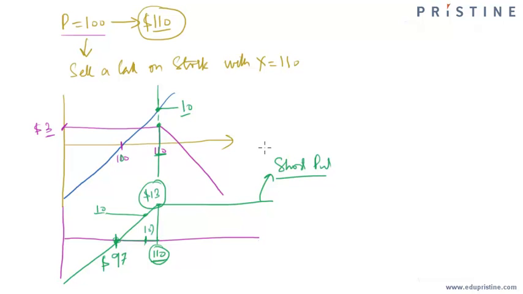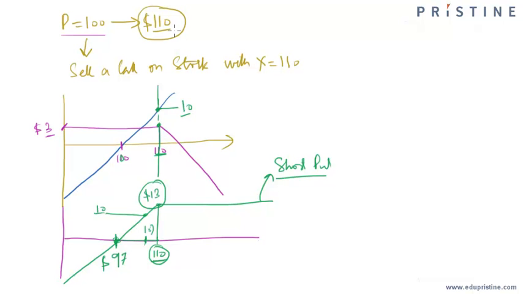So this strategy would be valid only when you know that the stock is going to go up, but you think that the stock will not go up beyond a particular limit.